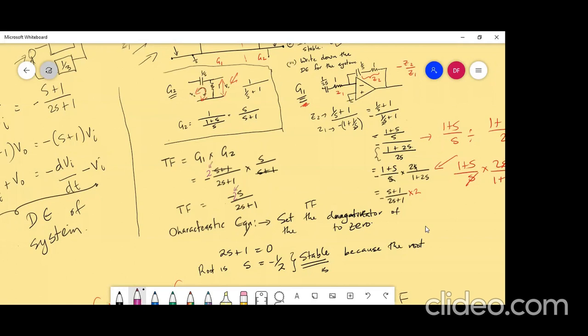The differential equation now is supposed to be minus 2 dVi or V naught.